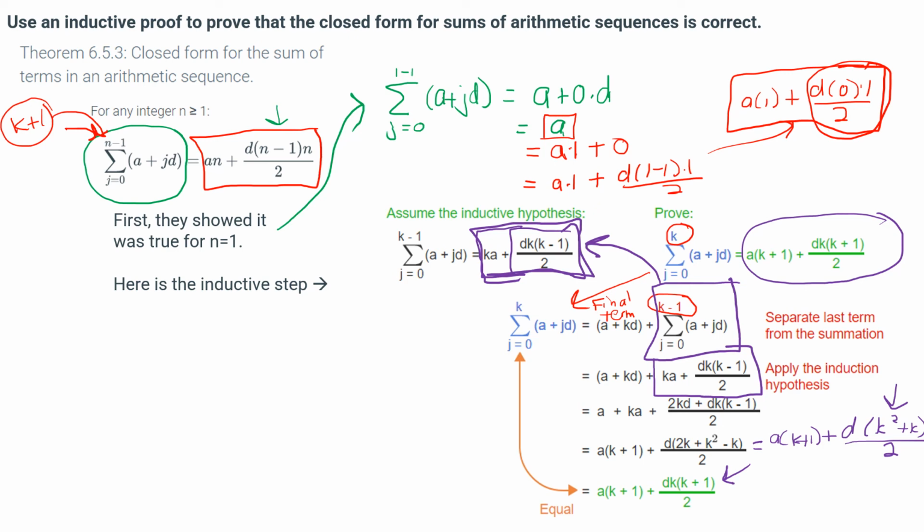So this is one that would take some creativity, and I would not expect you to be able to know, I mean, if you had enough time, you could probably come up with this, but you'd have to know, let's bring that kd over here, let's put the ka with the other, and so on. So what I'm trying to say is that this is not the kind of thing you're going to have to do for a test, where you have to juggle a lot of different terms around and try to get it into the form that you need.